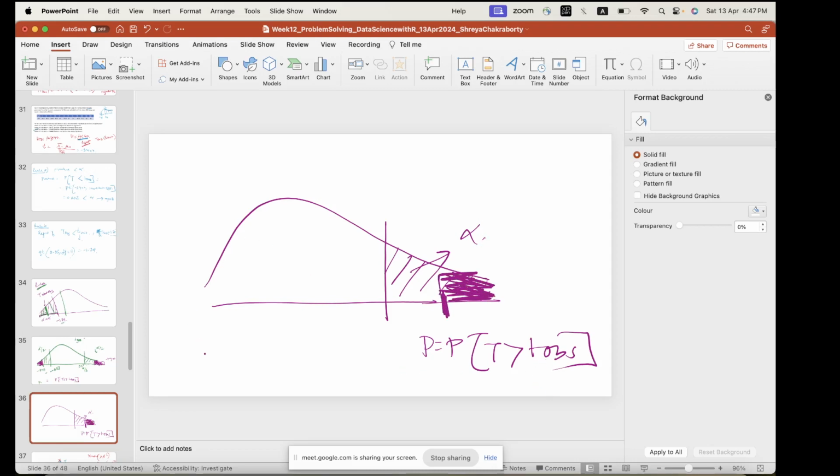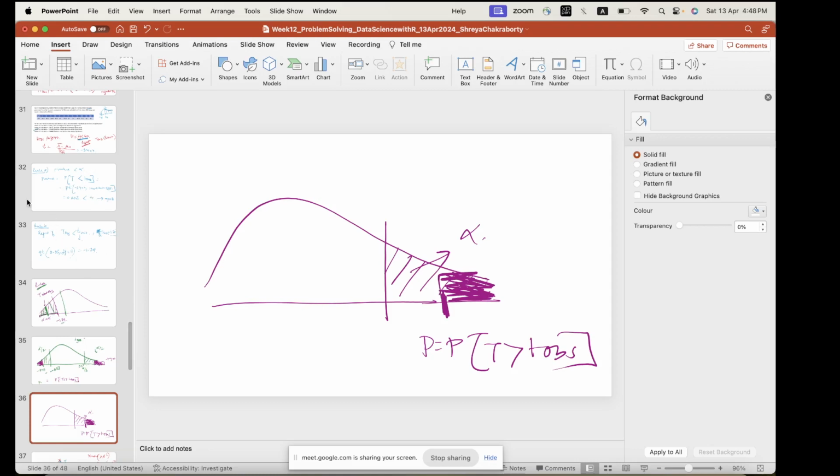So whenever you are considering the p value, if it is less than alpha, you reject the null hypothesis, regardless of whatever tail test it is. What depends on the tail of the test is how you calculate the p value. Is it okay? Yes, ma'am. Alright.